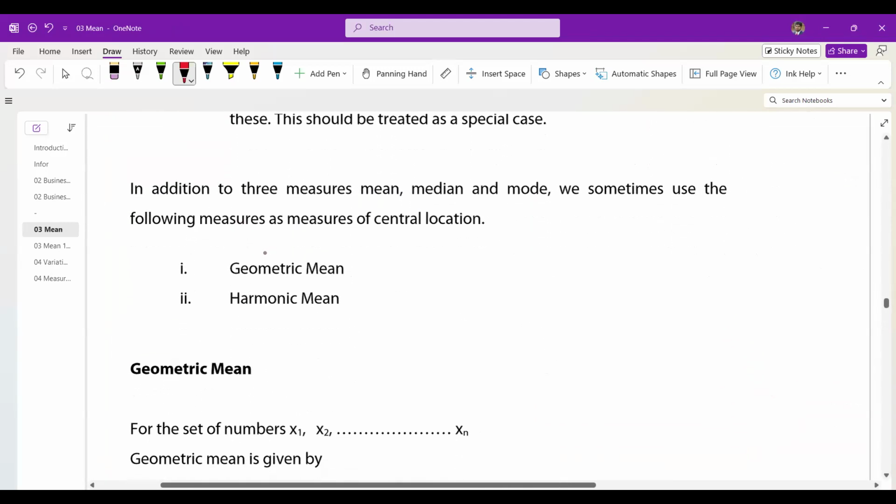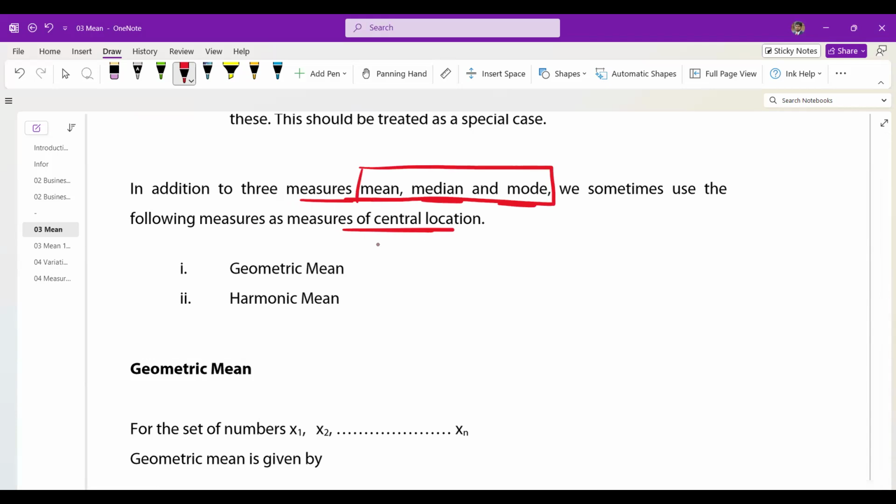In addition to the three measures, mean, median, and mode, we sometimes use the following measures as measures of central location. Already we have discussed the ways of calculating central location. In addition, there are two more: geometric mean and harmonic mean.